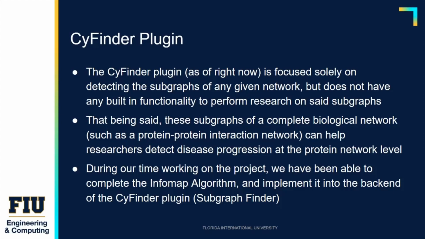So essentially, by studying these subsections of the graph, partitioned by different community detection algorithms, you can study them and find out differences within the communities, and find maybe interesting data, if you're lucky, or if it's possible, depending on the community detection algorithm that is being used. During our time working on the project, we've been able to complete the InfoMap algorithm and implement it into the backend of the SciFinder plugin, which is called the Subgraph Finder.